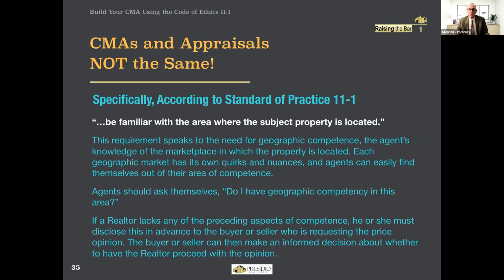So it's important that we disclose that if we don't have the necessary competence in the geography of the area, so that our client understands what they're dealing with. Even better to get some help from another realtor there, maybe run some comps for us or help us with the CMAs. Any questions on that slide?